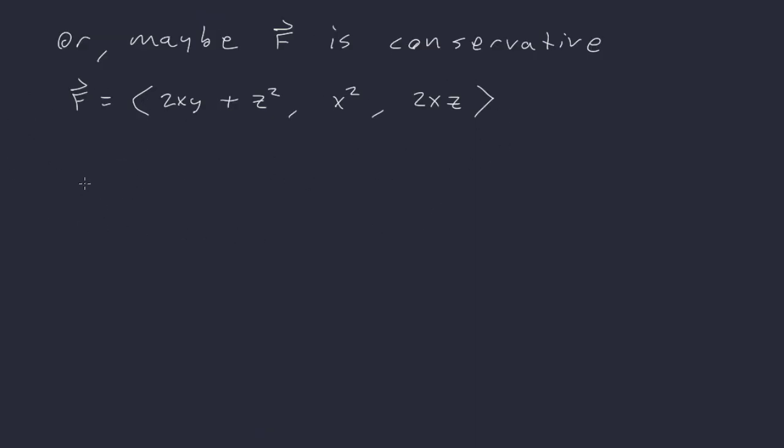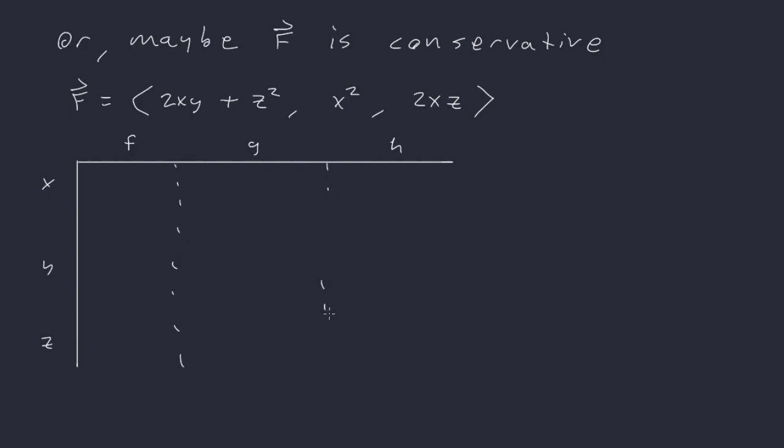Let's see. Here's our f. Let's set up our little table here to check if it's conservative. We'll have our little f, little g, little h, x, y, and z. Again, we will ignore the main diagonal, the f sub x, the g sub y, and the h sub z.